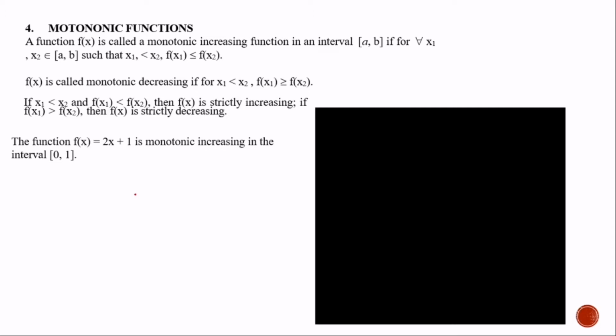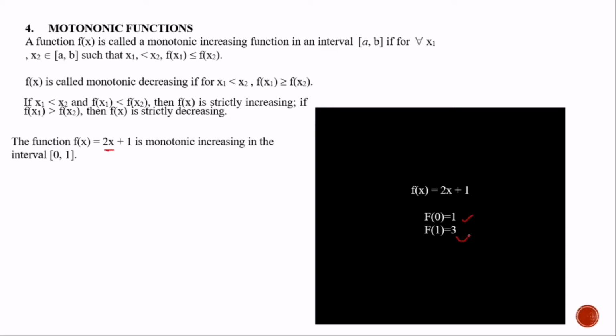So let's take an example. We have the function f of x equal to 2x plus 1, a monotonic increasing function. We need to show that this is a monotonic increasing or monotonic non-decreasing function. The interval is from 0 to 1. So let's put 0 inside. When you put 0 here, we are going to get 1. And when you put 1, you're going to get 3.